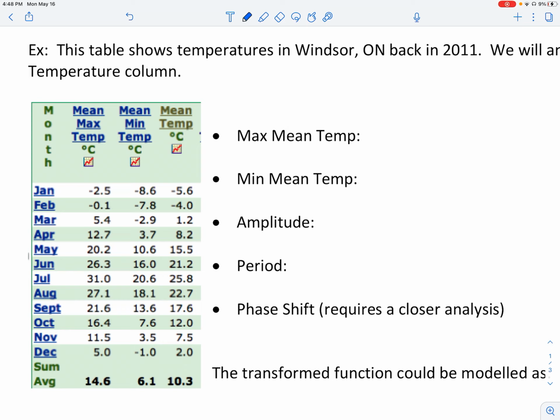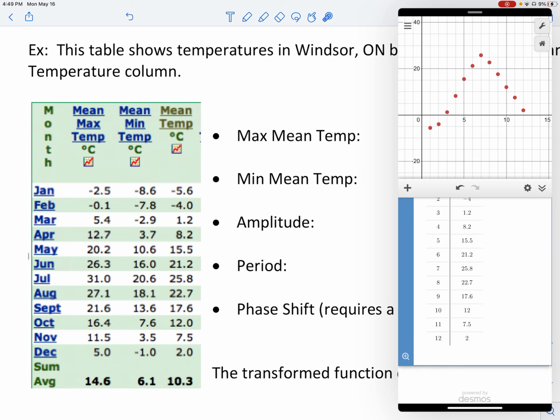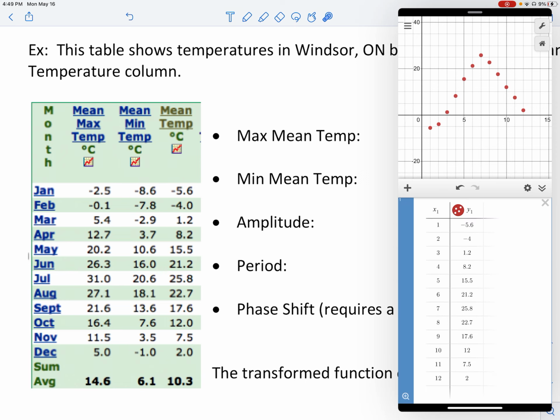Let's identify a few things. We want to find the max and min values, and then from that we'll determine the amplitude and the period. To help with this a little bit, I've already opened up Desmos, and I plugged in all the data. To do this, you hit the plus sign, and then you can add an equation, a note, or a table.